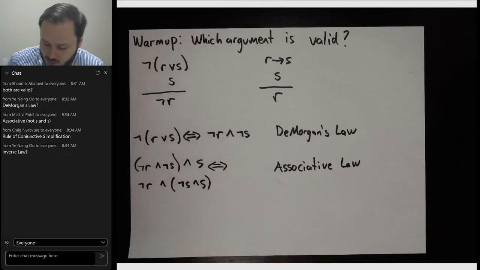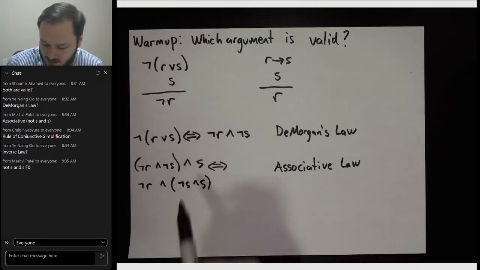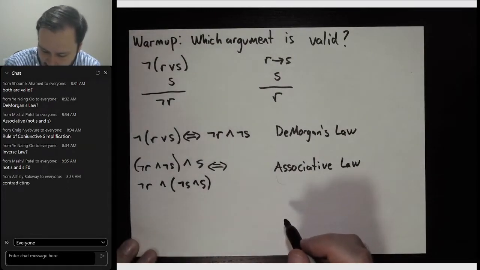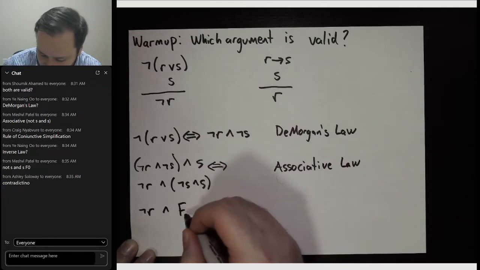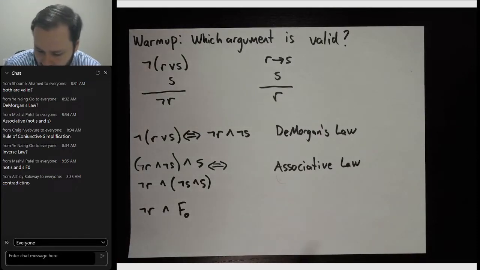And what's good about not S and S? Yeah, we've got this law that says not S and S is equivalent to falsehood. So I have not R and false. And now I have a contradiction.